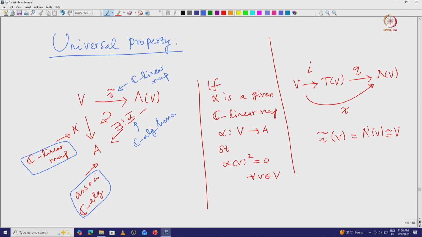It is not very difficult to see that such an extension is possible given this condition alpha(v) squared equal to 0. The proof is very similar to what we have seen in the symmetric algebra. Maybe we can assume that this is a unital associative algebra, because we want to extend V to TV, and then we have to factor through lambda V to A. That is possible given the condition alpha(v) squared equal to 0.